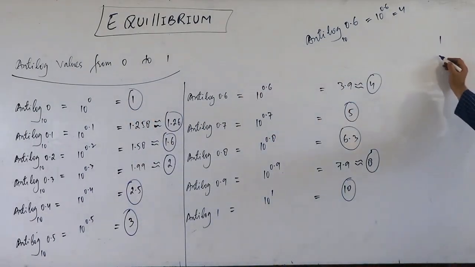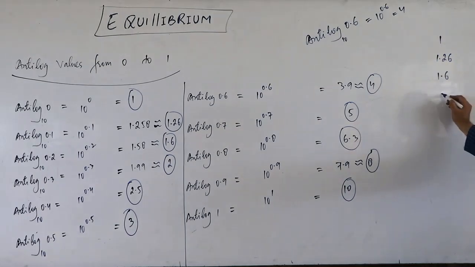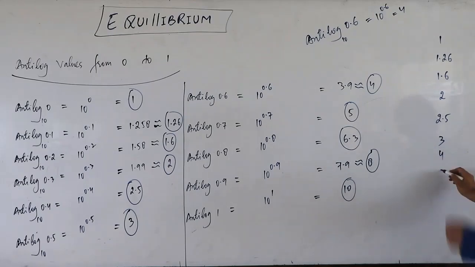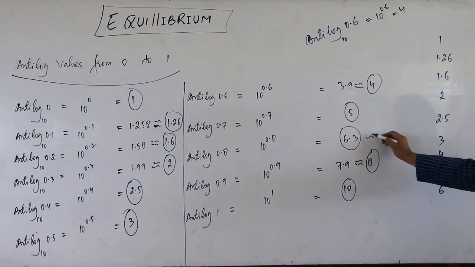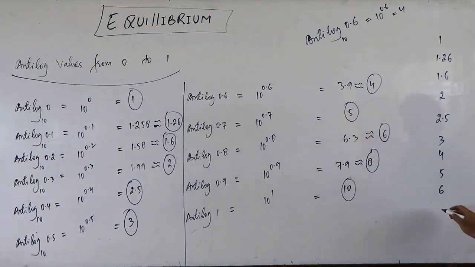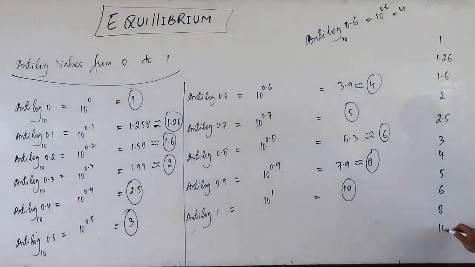It's 1, then we have 1.26, then 1.6, then 2, then 2.5, then 3, and after 3 we have obviously 4, and after 4, 5, then 6, take it as 6, does not matter. Then you have 8 and 10.